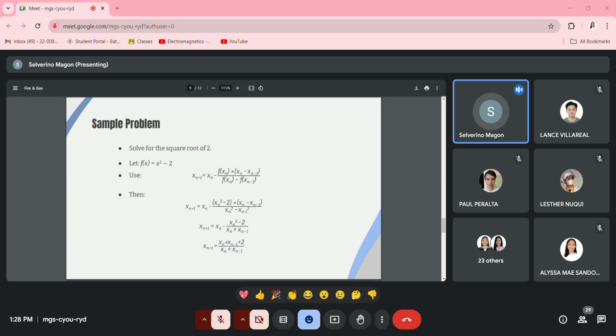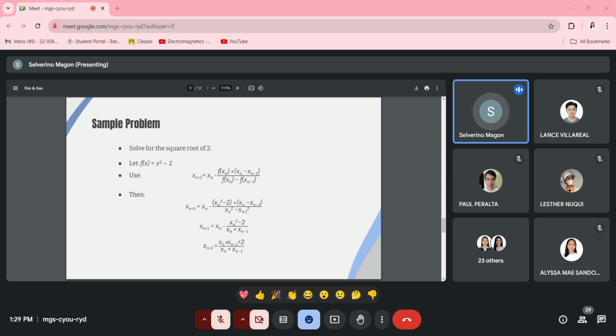You just plug in the original equation we've seen from the previous slide, and then the equation can be further simplified in the following.